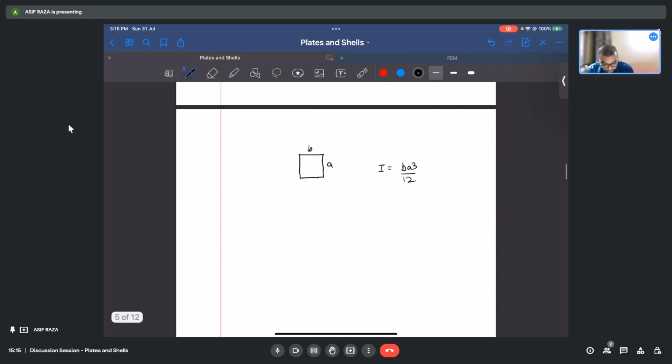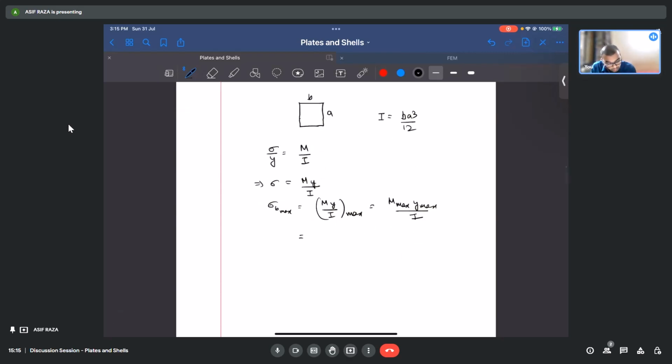Now we know this formula, that sigma by y is equal to M by I. This will simplify to sigma equals M y upon I. To get the maximum bending stress, we can take M max, y max upon I. I is constant throughout the section, so that would be the same.